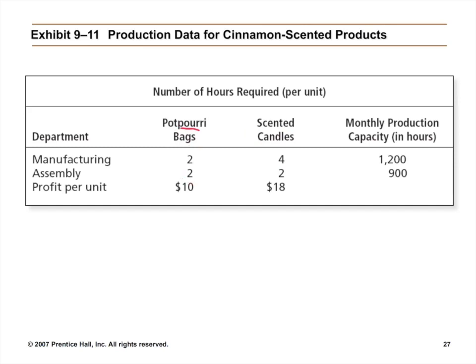Assembly needs 2 hours to produce a bag, and assembly needs 2 hours to produce a candle. And the capacity, the monthly production capacity in manufacturing is 1,200, and in assembly is 900. So this is the capacity.